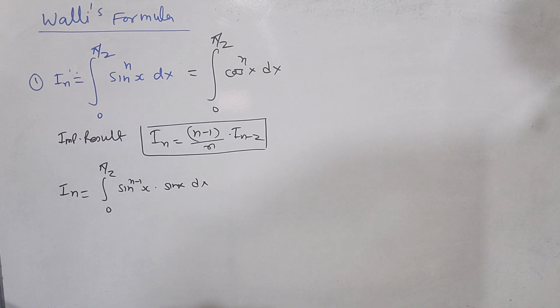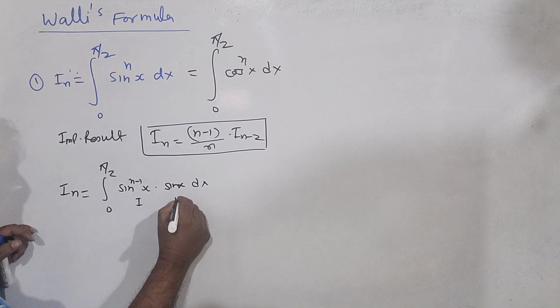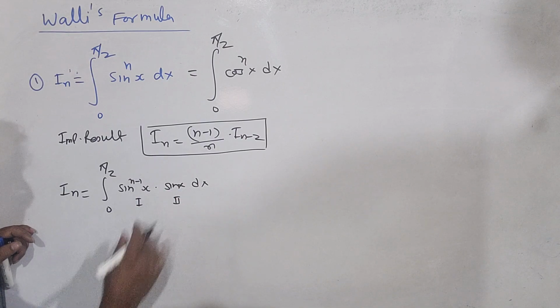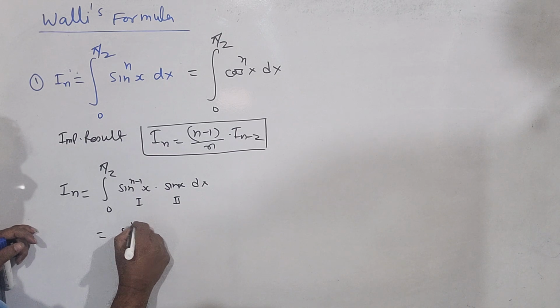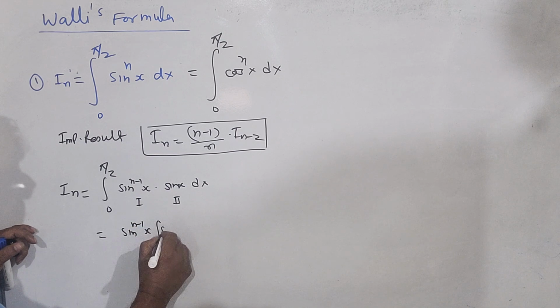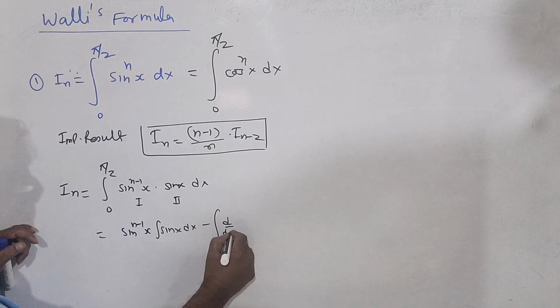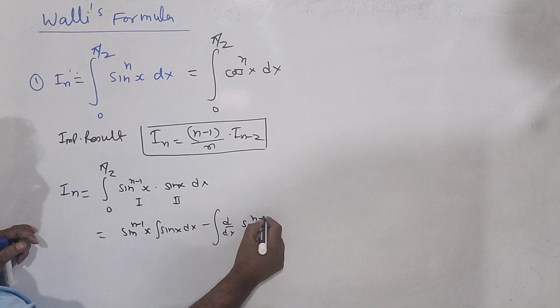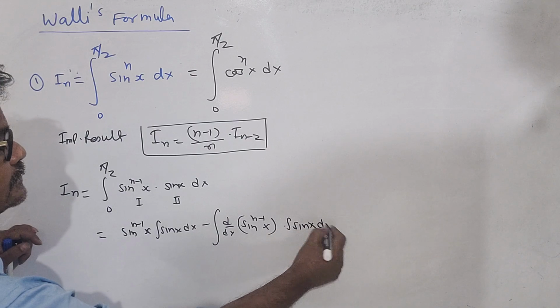Correct. Now I can evaluate this integration by parts. What is by parts? This is the first function and this is the second function, because it is integrable very easily. So therefore this is sin to the power n minus 1 of x into integration of sin x dx, minus integration of the derivative of sin to the power n minus 1 of x into integration of sin x dx.